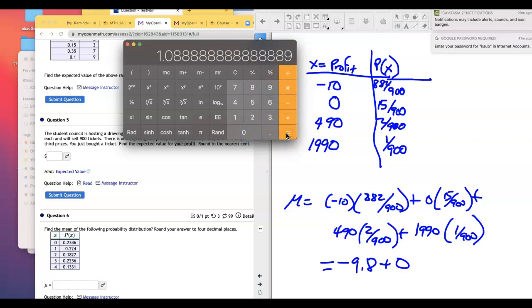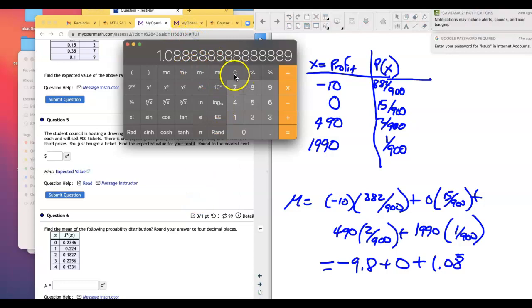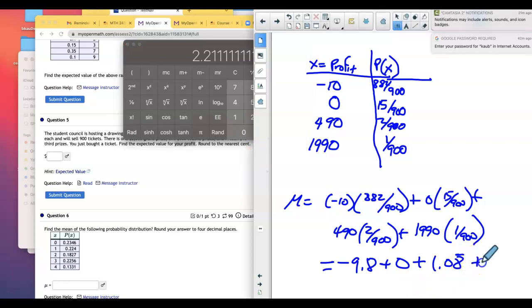We get a long decimal, but it's repeating, so that's nice: 1.08 repeating. And then the last one, which is 1990 times 1 divided by 900. That's repeating too: 2.21 repeating.